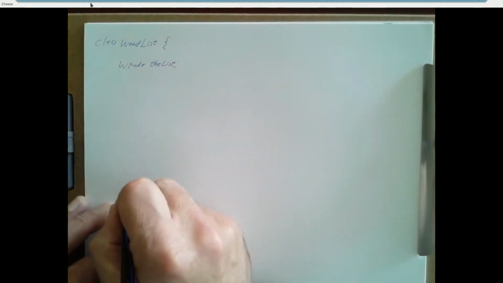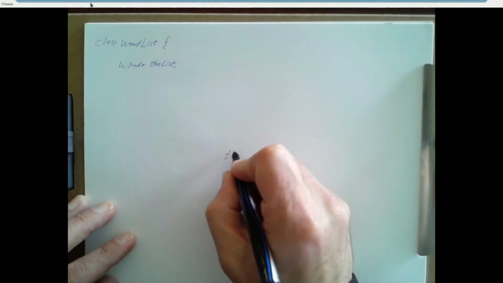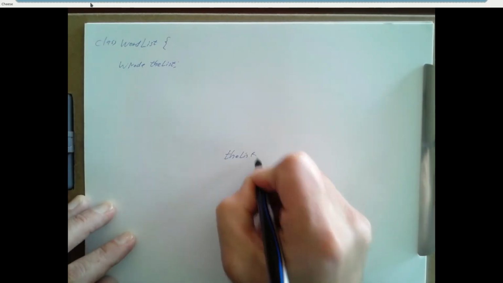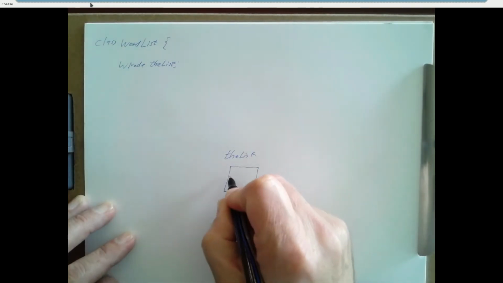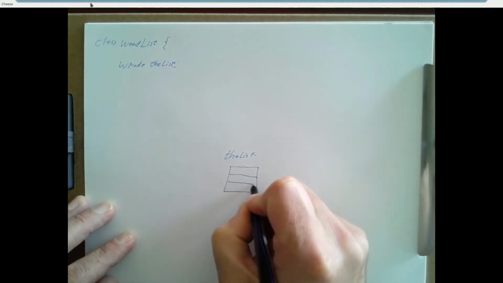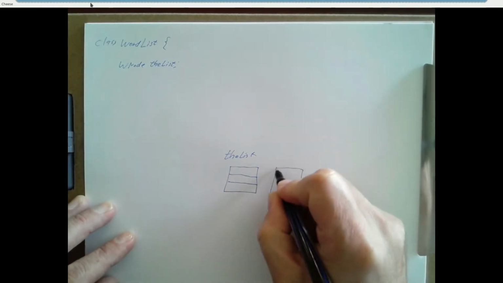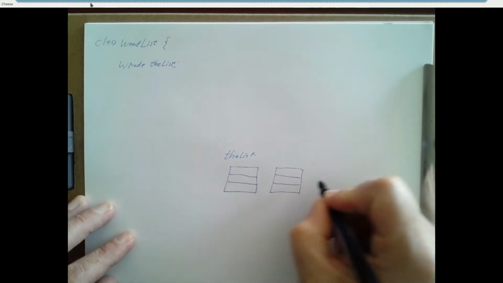I've called it root before. And the list, assuming you've already got some stuff in here, is a linked list of W nodes.